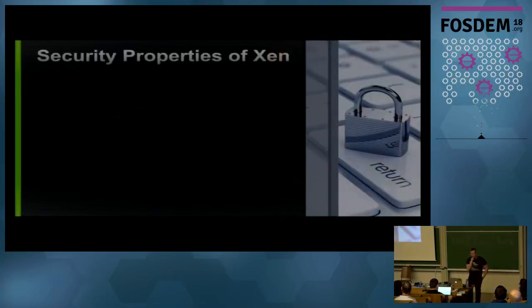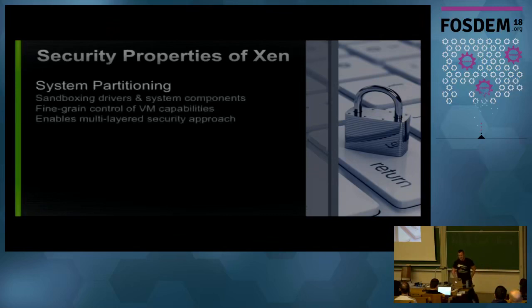So let's look at some security properties of Xen. Security is kind of important. Apart from the typical hypervisor functionality, you have functionality which enables further system partitioning. We already touched on this.